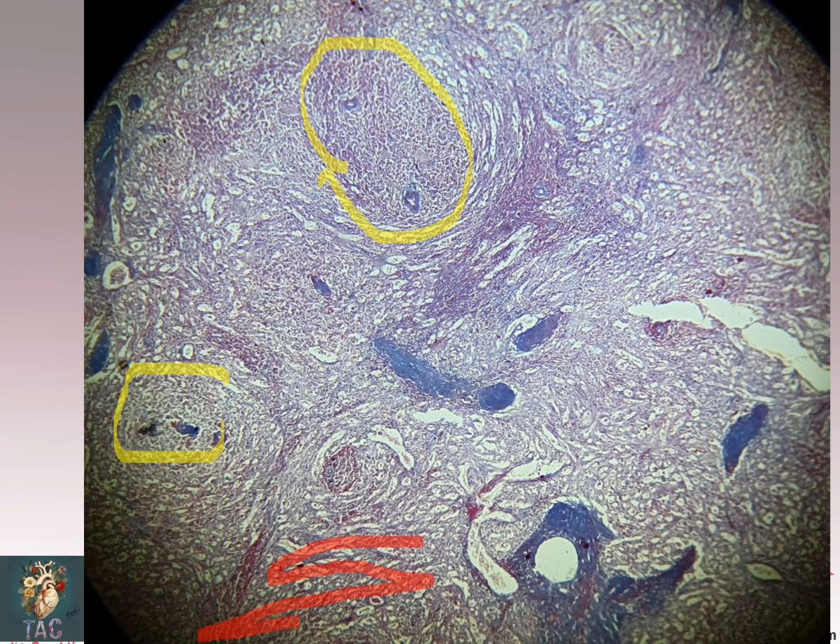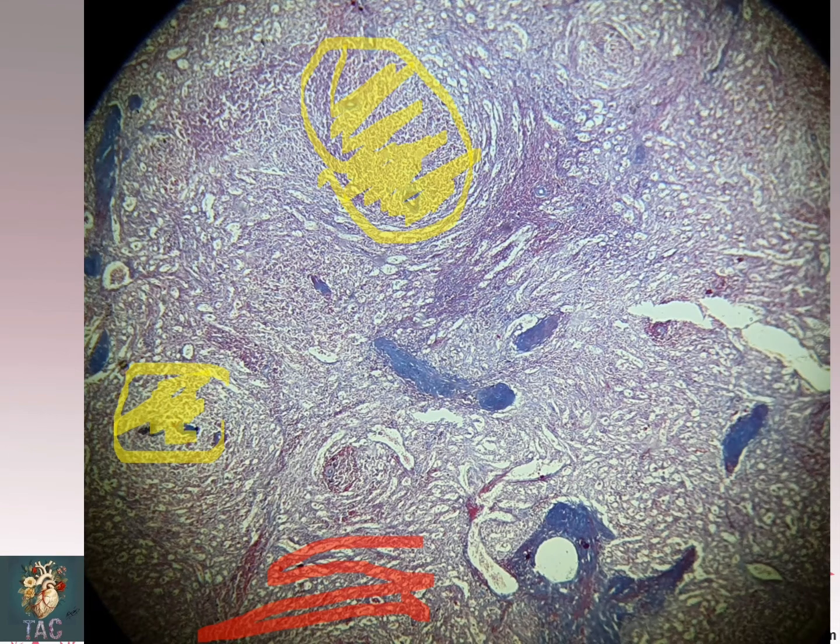So the first area which I have highlighted is the white pulp of the spleen, in which you can see the central artery, which is eccentric in position basically, and the lymphocytes surrounding this central artery form the periarterial lymphatic sheath.